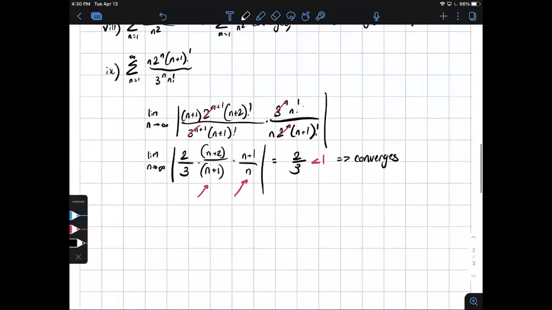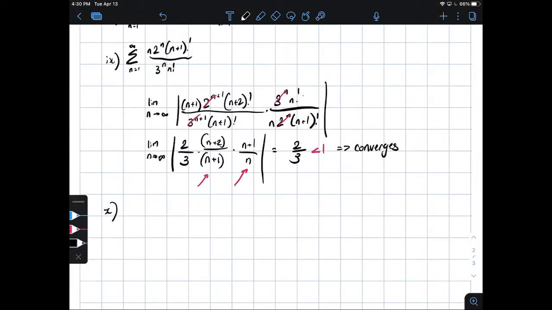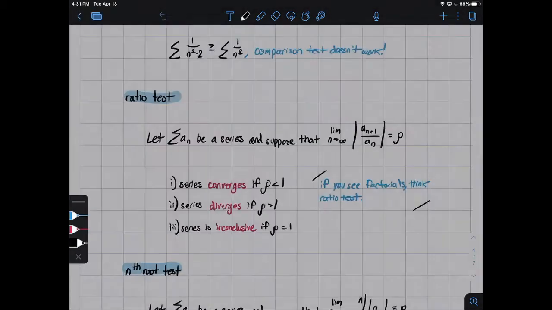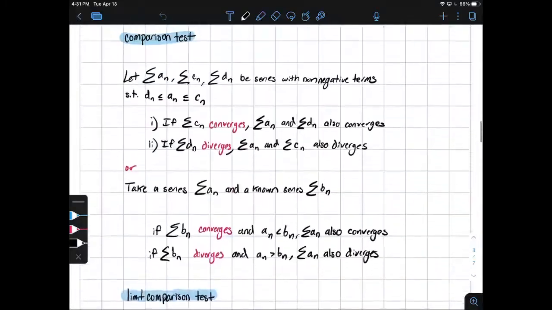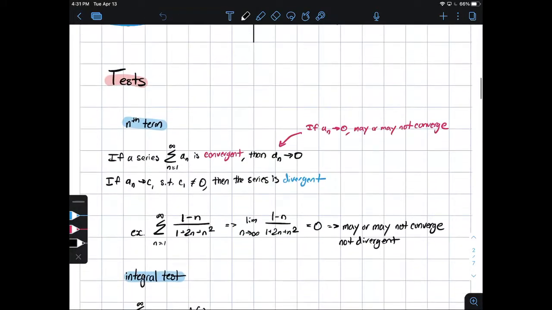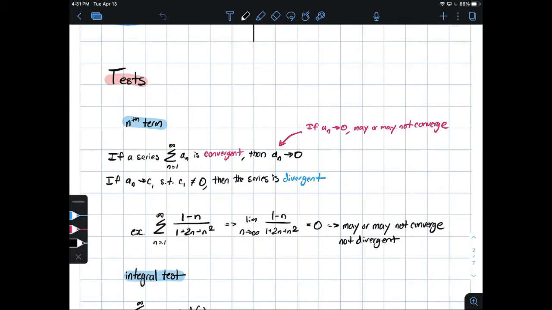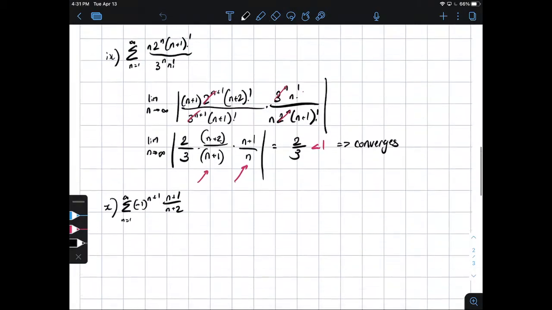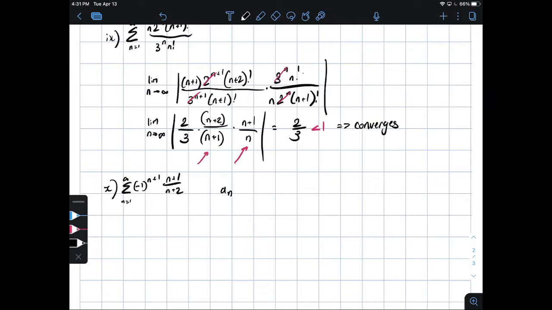Now we'll do this one. It's going to be an alternating series. What we want to do is use our limit test, and quickly we'll review what it is. Oh, that's right, that was all the way up here. That was our nth term limit test. In this case, our nth term, denoted by a sub n, would be n plus 1 over n plus 2, because we take the absolute value.